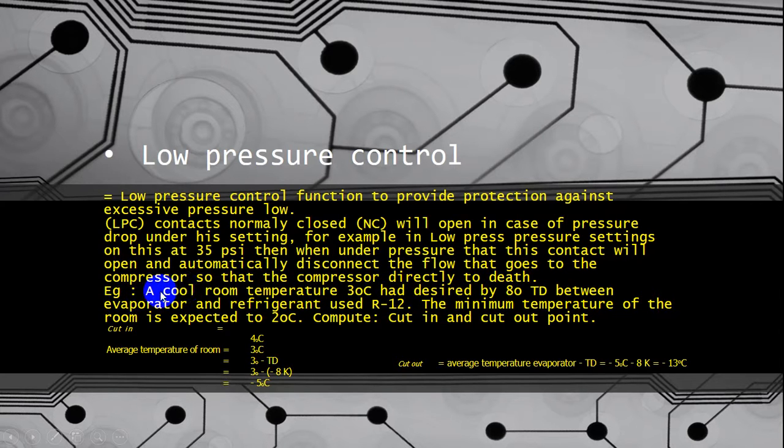The cool room temperature is 3 degrees Celsius, with a difference between evaporator and refrigerant of 12.